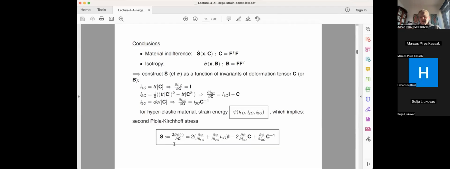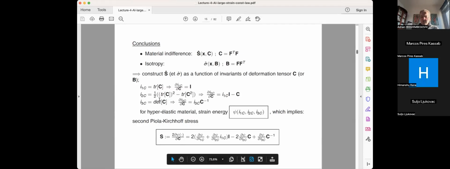I can say invariant measures of these strains could be constructed from so-called invariants of the deformation tensor like C. Basically, the invariants are the coefficients of the so-called characteristic equation of the tensor C. If you're computing the principal values of C, you solve the eigenvalue problem C minus lambda times identity times the eigenvectors, and then you come up with a characteristic equation which has lambda to the power 3 plus the first invariant times lambda squared plus the second invariant times lambda plus the third invariant I3.